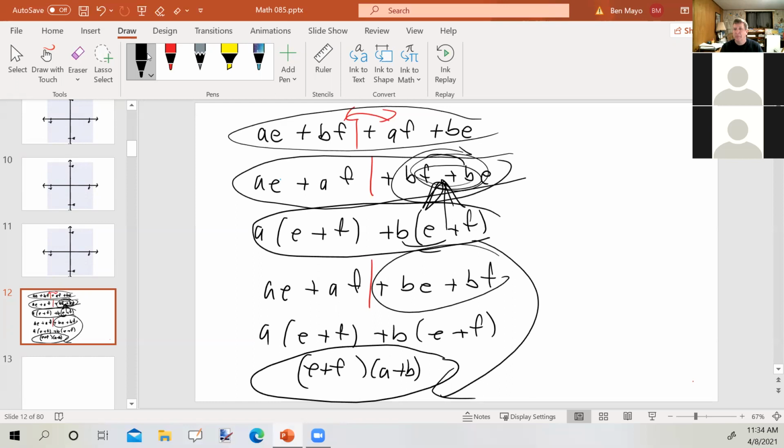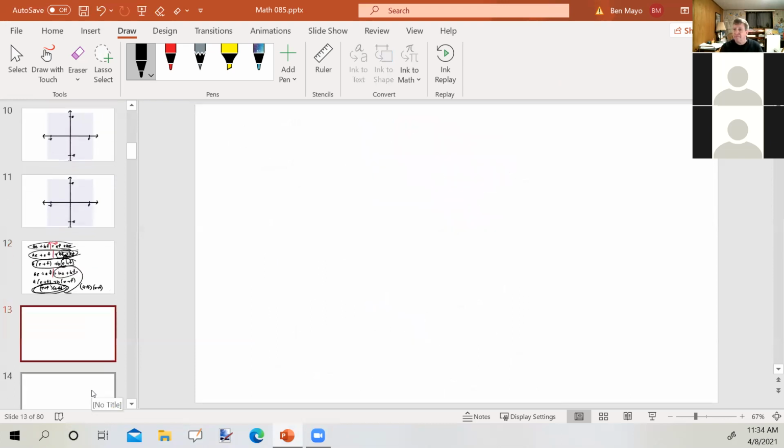So both of them would have been correct in WebAssign? Yeah, well, all you're going to actually show in WebAssign is the final answer. So E plus F times A plus B, or it could have been A plus B times E plus F. The point being with this problem, sometimes you need to rearrange those terms to get things to work out nicely, is all. All right, anything else?